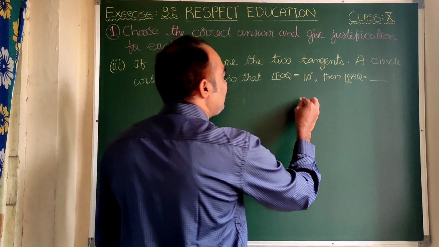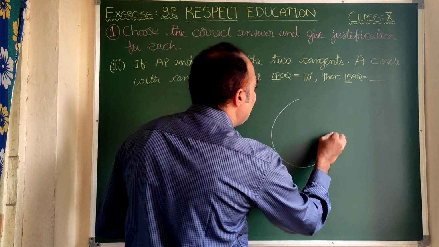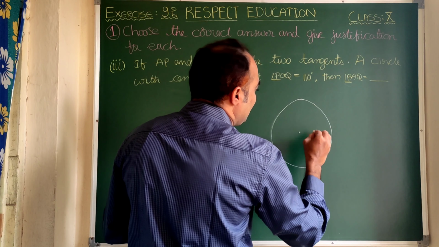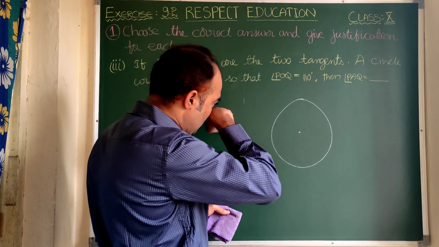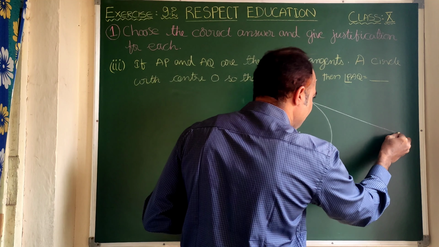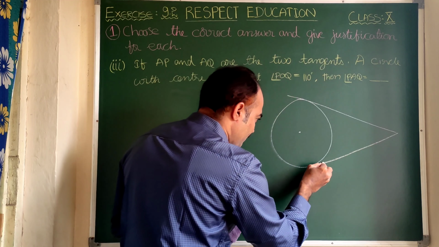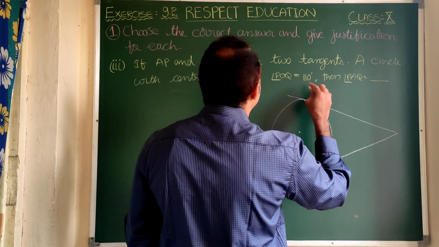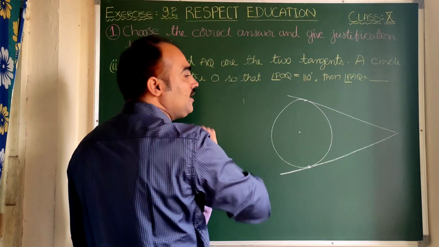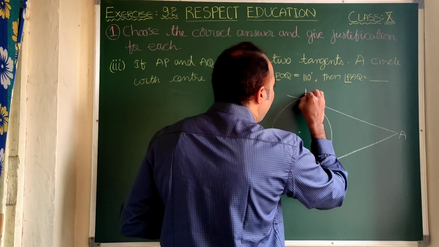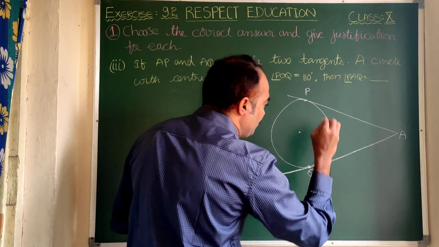Here there is a circle whose center is O, so here you can take two tangents, like one tangent is here and another one is like this. Here let us take the points of contact. Here you observe AP and AQ. A is the common point. So here let us take A here, P and then Q.